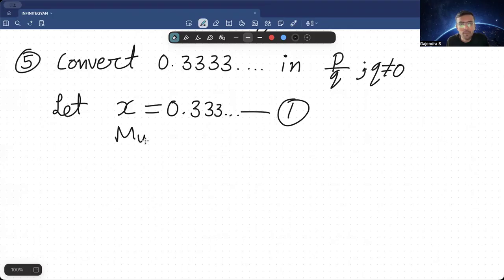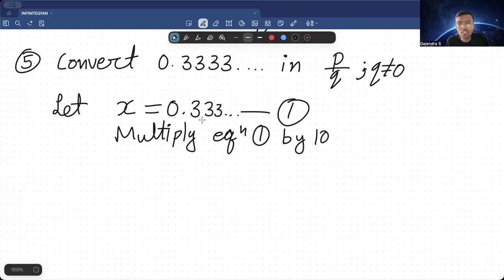Multiply equation 1 by 10, because only one digit is getting repeated. While multiplying, the decimal will get shifted over here, right? And the decimal shifts to the right-hand side when you multiply by 10.